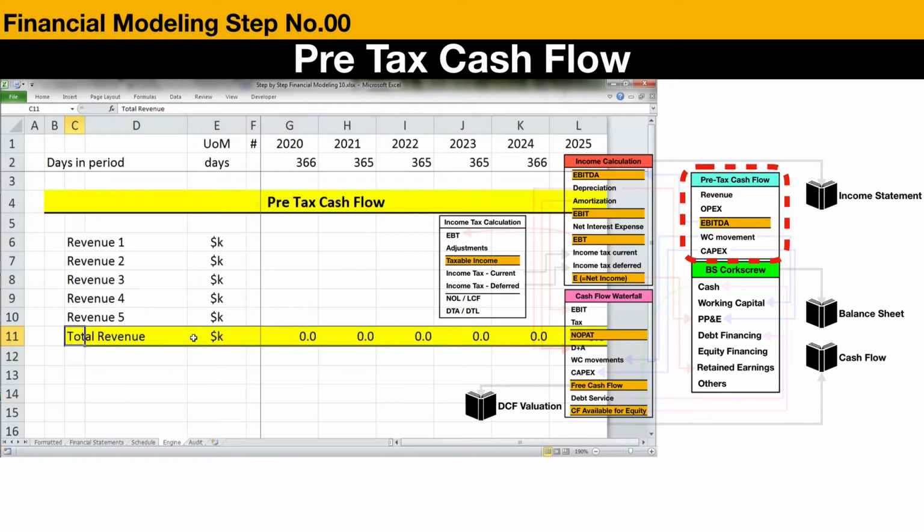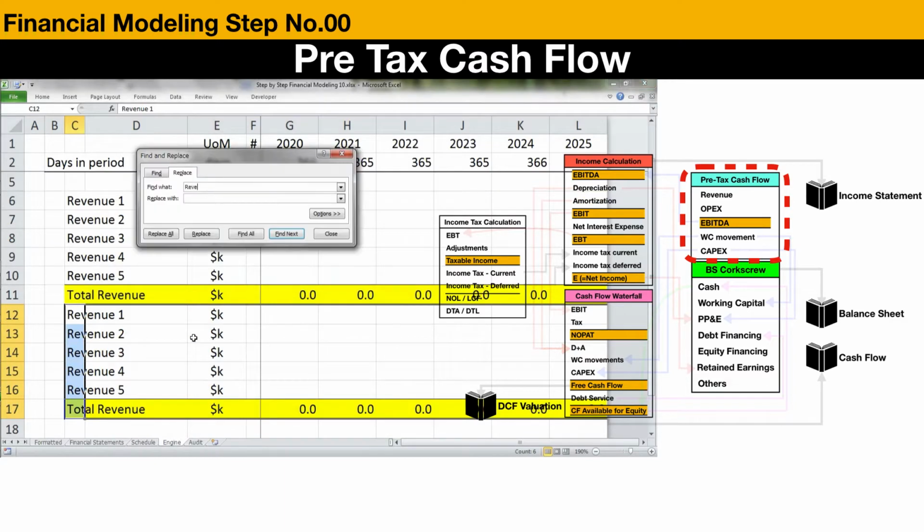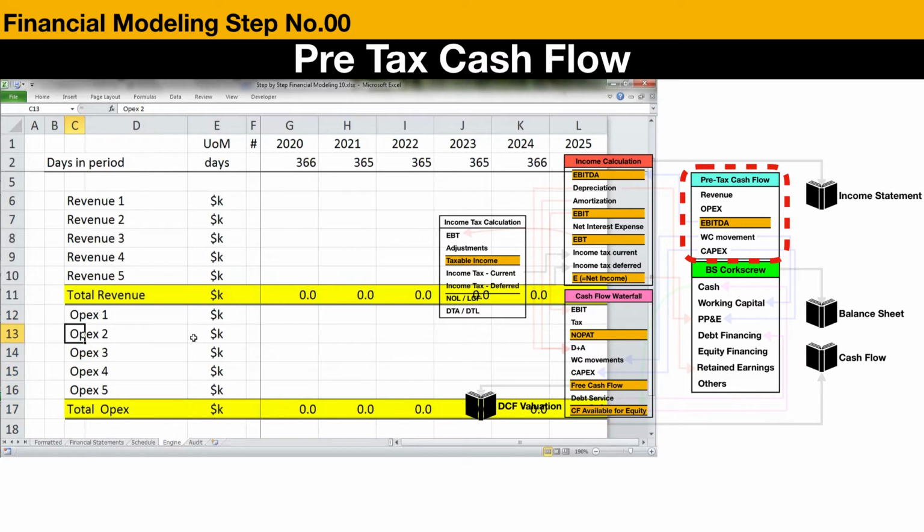Then we list the OPEX. We can copy and paste the revenue section and replace revenue with OPEX for faster creation. We just list them by numbers, but they contain production costs, sales and general admin costs, rents, etc. We add two more rows to capture other items that have impacts on EBITDA.